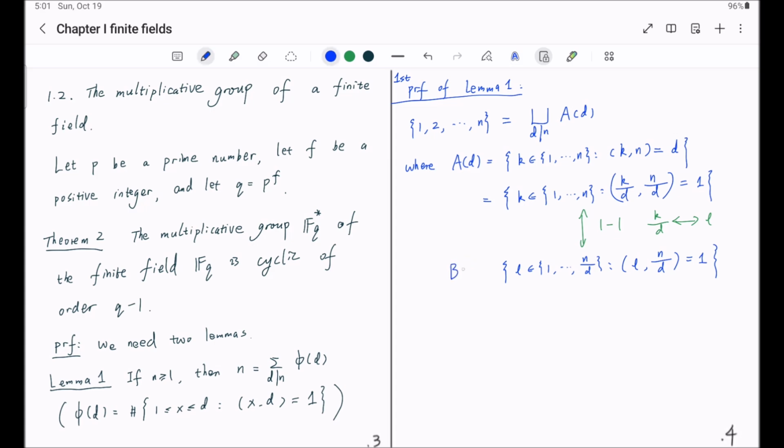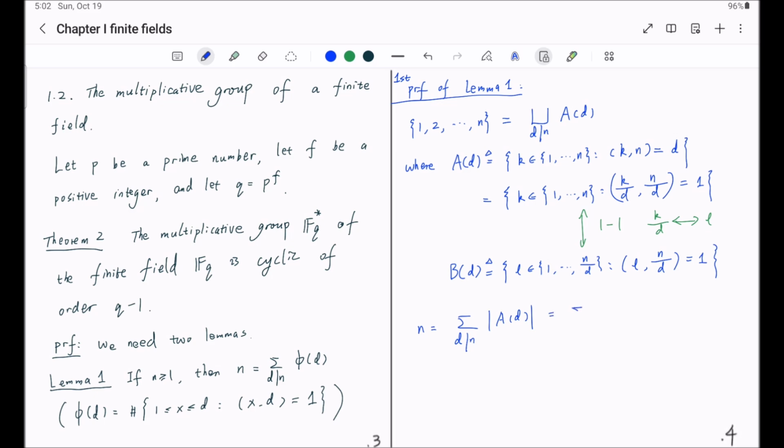So if we call this set B_d, and this is A_d, then if we take the cardinality of both sides, we see that n is equal to the sum of the cardinalities of A_d for d a divisor of n.